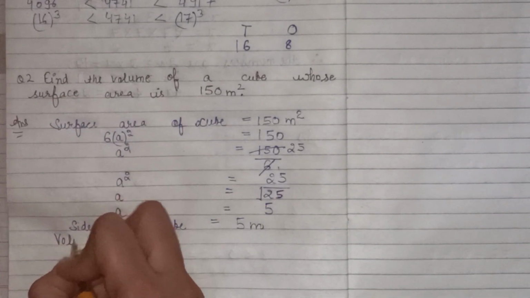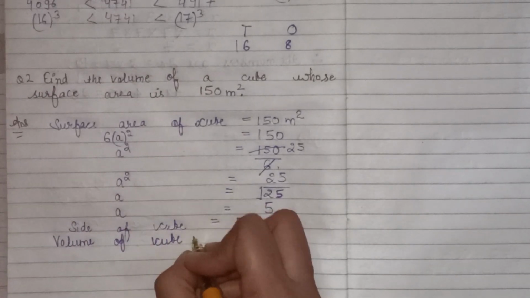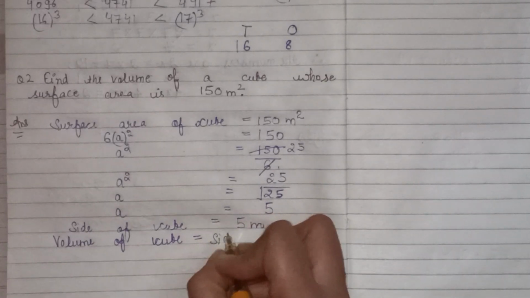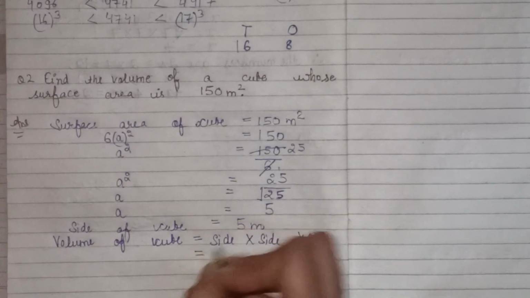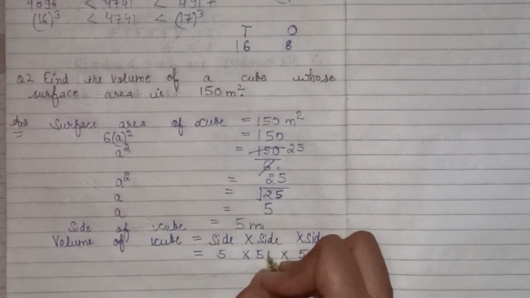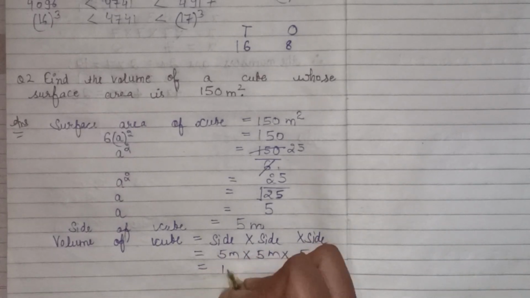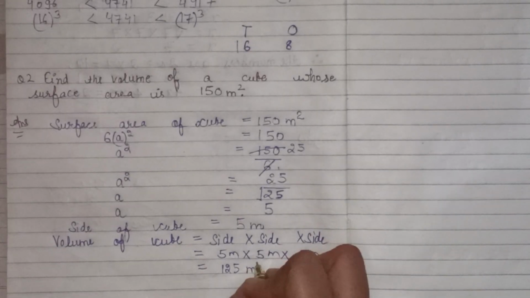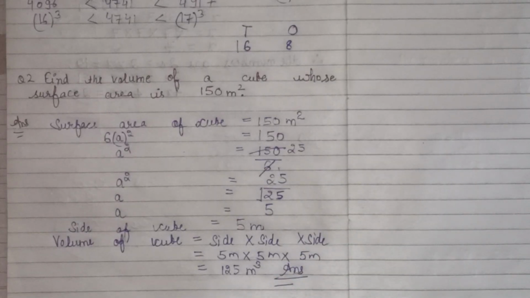Volume of cube is equal to side multiplied by side multiplied by side, which is 5 meter times 5 meter times 5 meter. 5 5s are 25 and 25 5s are 125, and meter times meter times meter is meter cube. This is our answer. So that's all in today's video.